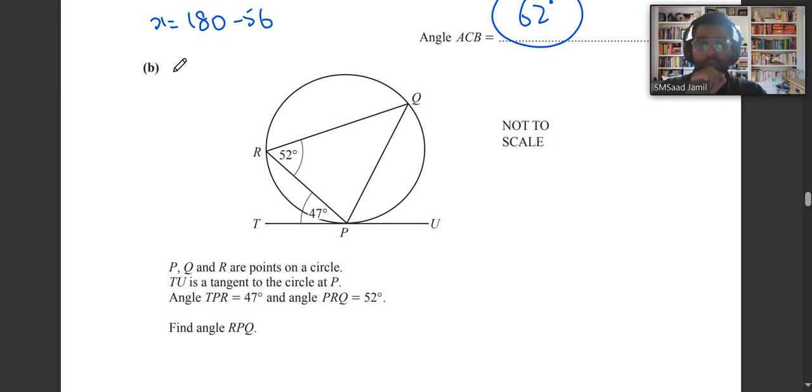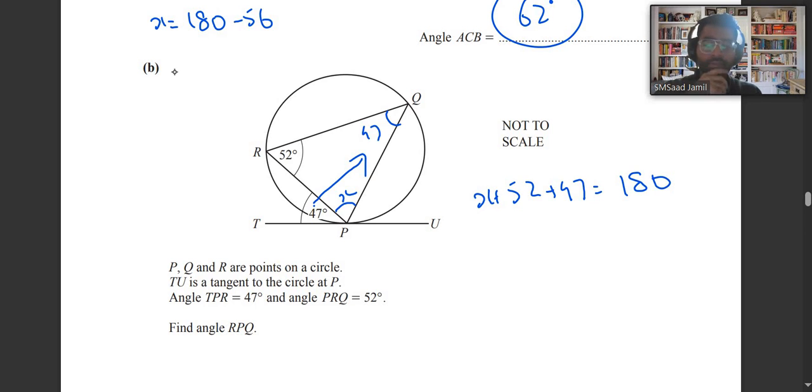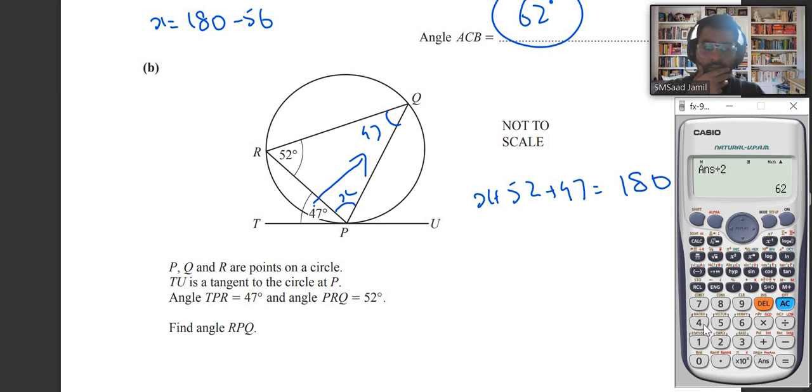Look, the concept that we will use over here is angles in alternate segment. If this is 47, this is also going to be 47 because of angles in alternate segment. And because you know points R, P, Q, you can call this X. So X plus 52 plus 47, this is a triangle, it's 180 degrees. 52 plus 47 is 99.